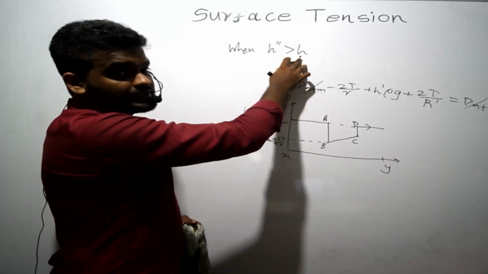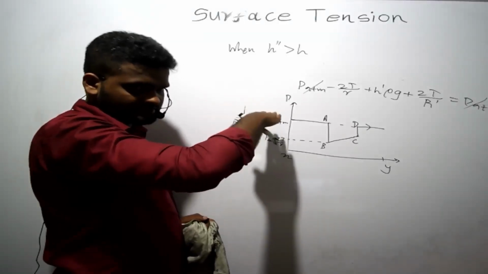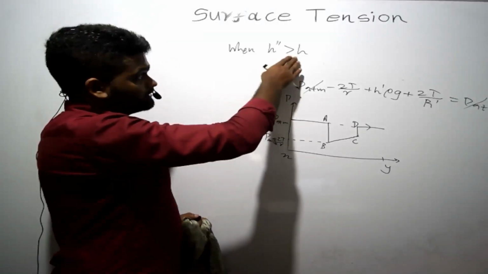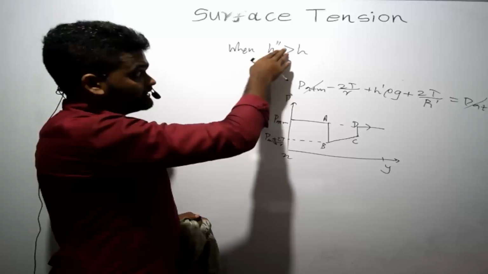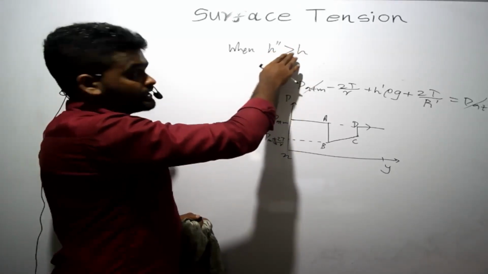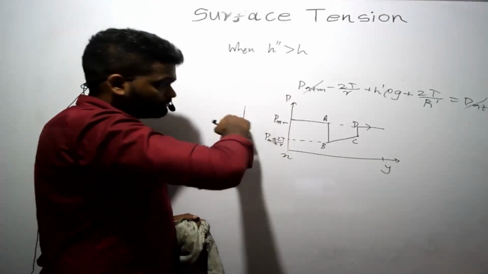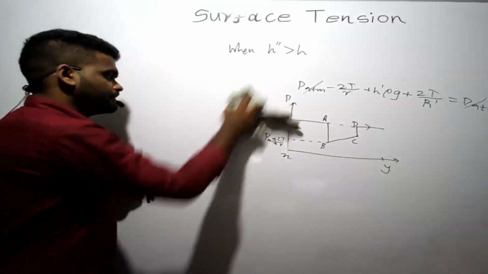This level is higher than simple H. Simple H is when it is flat at the bottom meniscus. We discussed the case less than H. Now we are considering when you put more liquid into it, more than the flat surface.